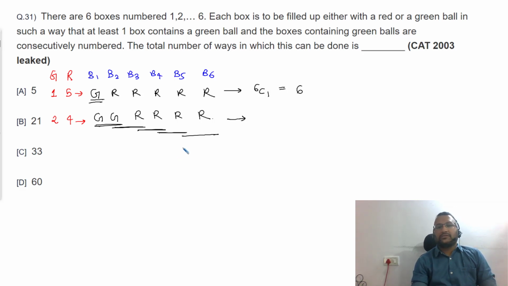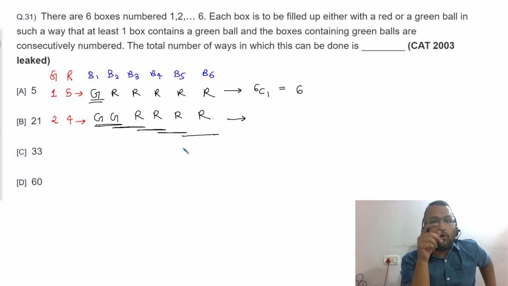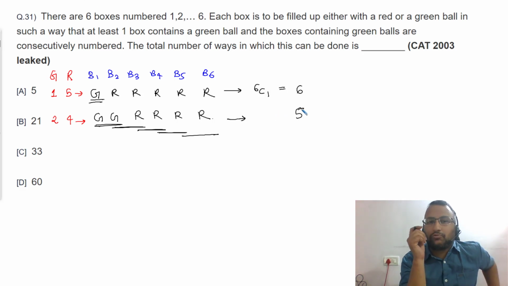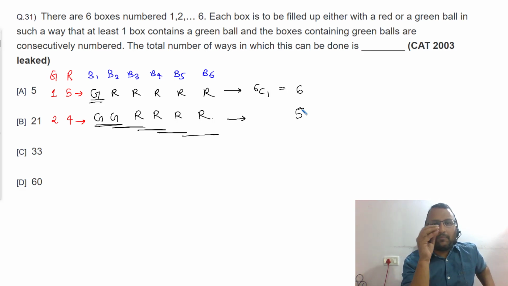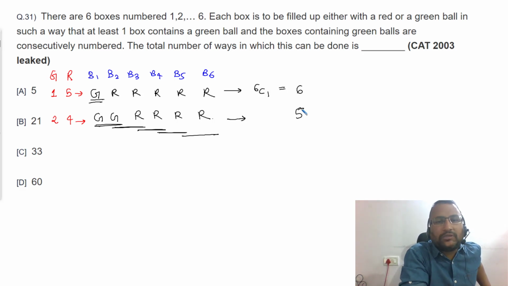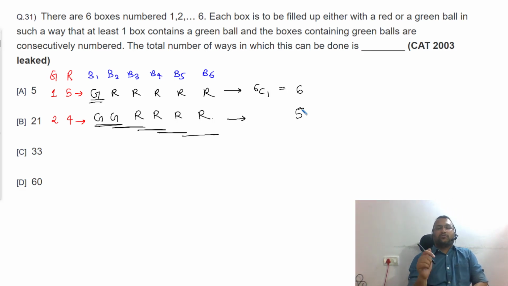So out of these 6 boxes you need to choose 2 consecutive boxes. 1, 2, 3, 4, 5. There are 5 ways you can do this. Choose 2 consecutive boxes, put green ball there, and in the remaining boxes put red ball. In 5 ways you can do this.